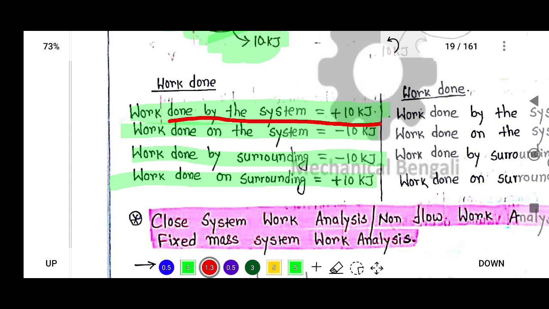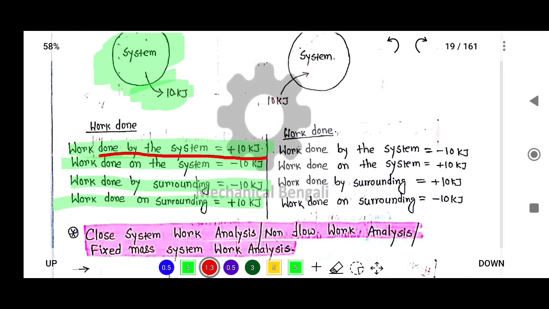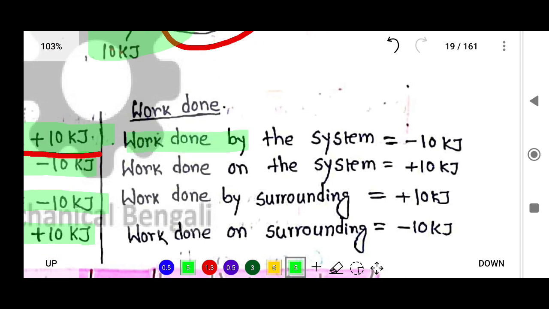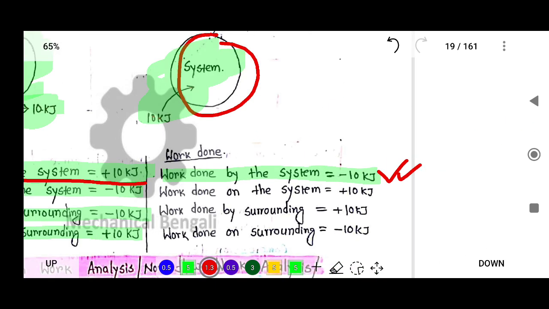Now suppose there is another system where the work is coming into the system. This is basically negative. So work done by the system is negative, because work is coming into the system.